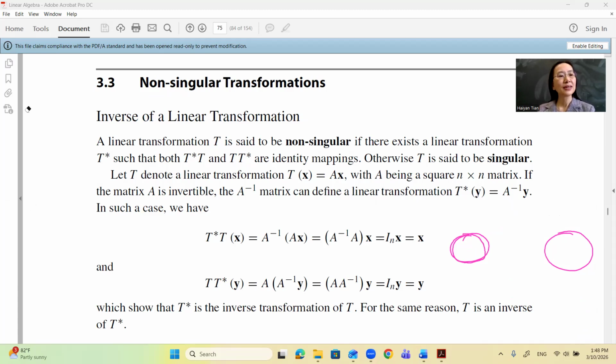This time T star is in fact a mapping from the other side. For example, let's call it an element Y. Then you apply T star. This is now the application of T star. So for the element Y, you will get the image of Y.